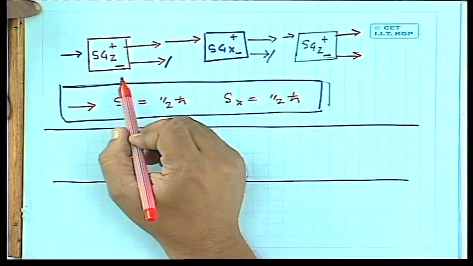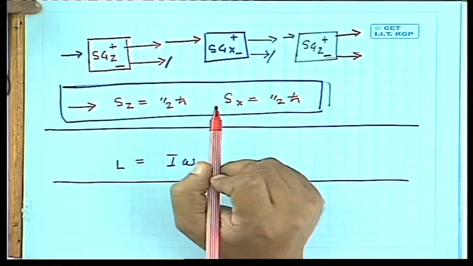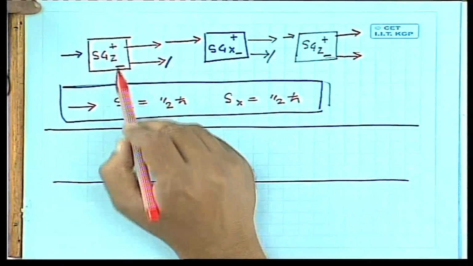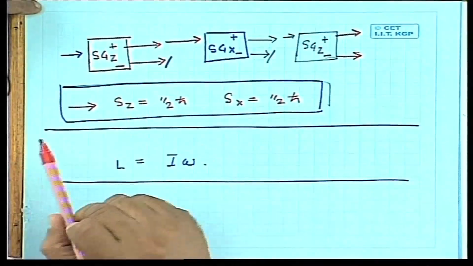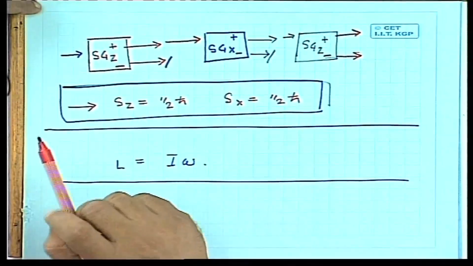The result of such a measurement comes out to have only two possibilities, plus half h cross or minus half h cross. This was the first very interesting feature, that the intrinsic angular momentum has only two possible values, half h cross and minus half h cross.